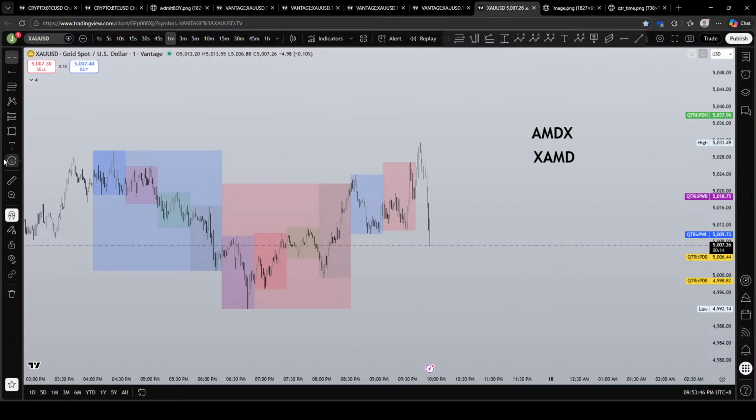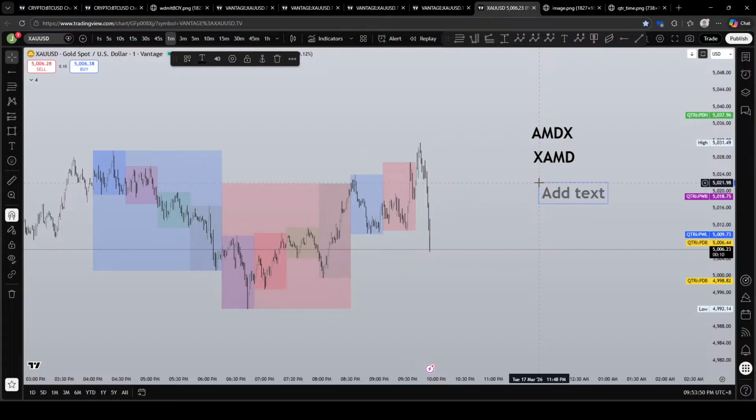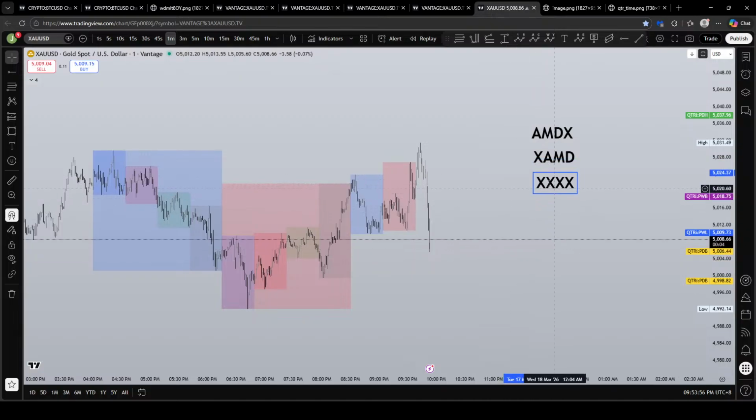The last structure is the continuation model. This will only happen when there's no clear manipulation during sub-quarters 2 and 3.